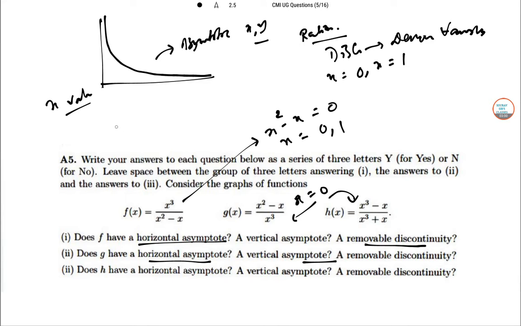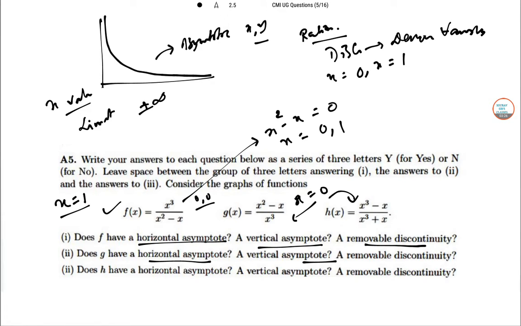So because of this case, the limit on either side must be plus minus infinity. Now in fx, in the first part, x cube minus this has a removable discontinuity at 0, removable discontinuity. And a vertical asymptote at x equal to 1.